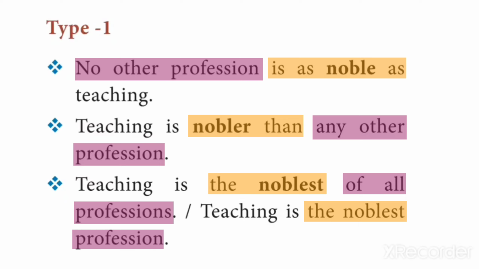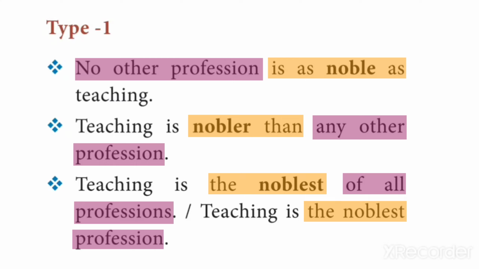Coming to the superlative, the last one, again it starts with teaching is the noblest, superlative degree, which is preceded by the definite article the, and the superlative degree is followed by of all, a small phrase, which is followed by a plural noun, professions, not profession.